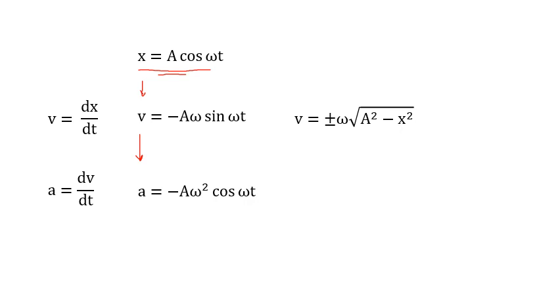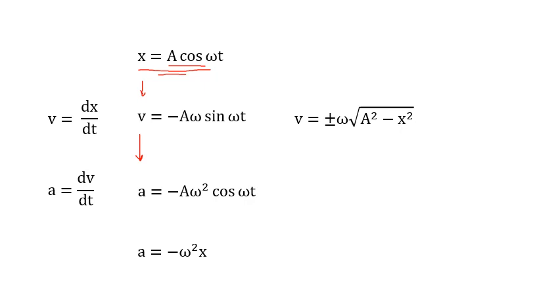But what we can do now is substitute for A cos omega t, because A cos omega t is equal to x. So if we sub for A cos omega t, that becomes this. Nice and simple. a equals minus omega squared times x. Remember that omega is a constant, so a equals minus a constant times x. a is proportional to minus x.